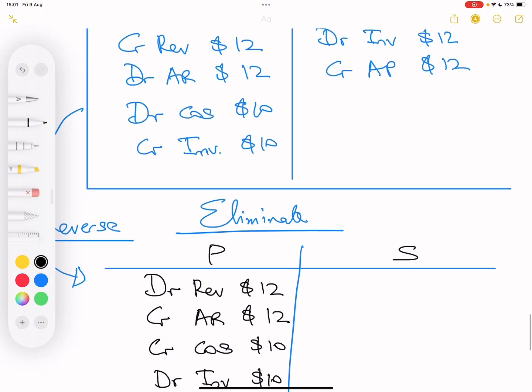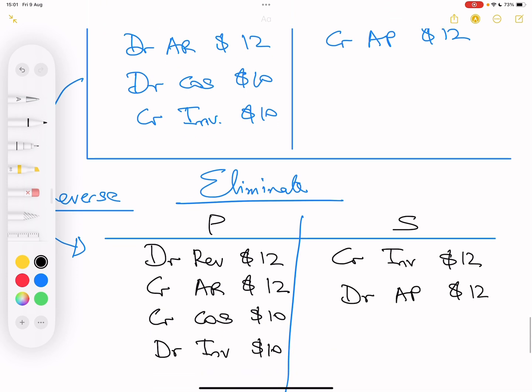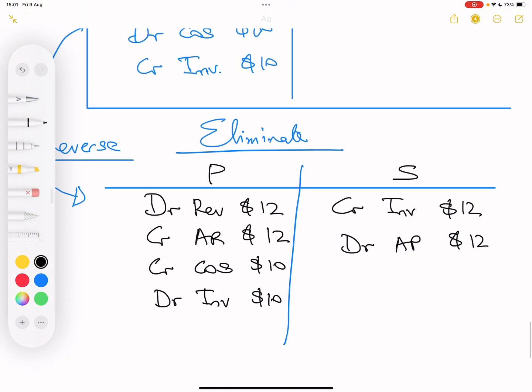And subsidiary will have to do the opposite as well, which means it's going to credit inventory to recognize that inventory, $12, and debit account payable at $12. This is the reversal.